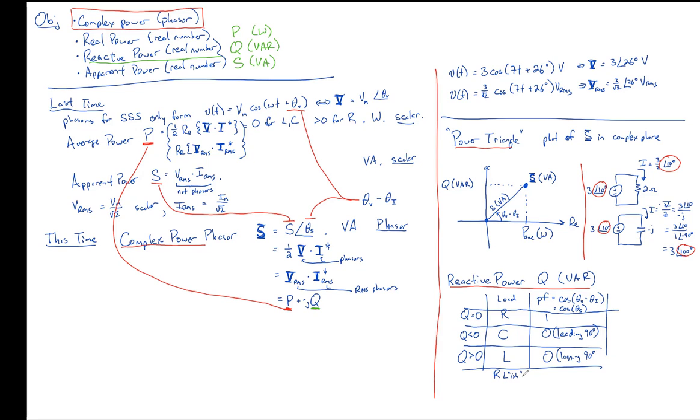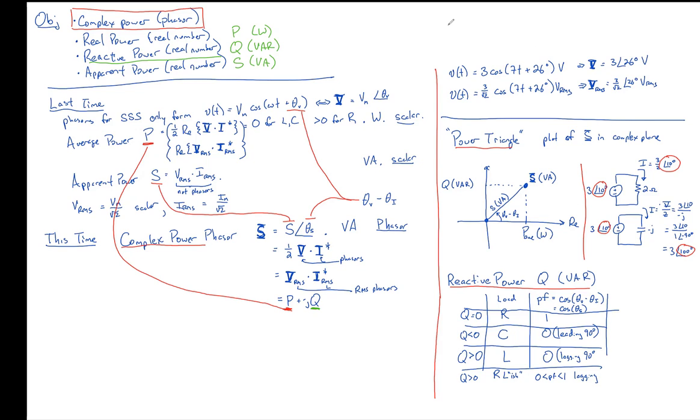If it's a resistor in series with an inductor, we will still have a positive reactive power component. The power factor is going to be somewhere between 0 and 1, but because it's inductive, it will be lagging by some amount. That's the way I've drawn it up here.